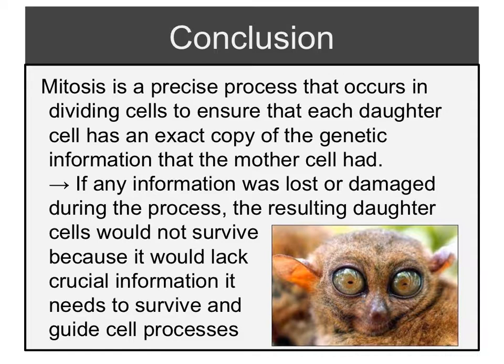So in conclusion, mitosis is a precise process that occurs in dividing cells to ensure that each daughter cell has an exact copy of the genetic information that the mother cell had. If any information was lost or damaged during the process, the resulting daughter cells would not survive because they would lack crucial information they need to survive, and crucial information that the cell needs to guide its cell processes.